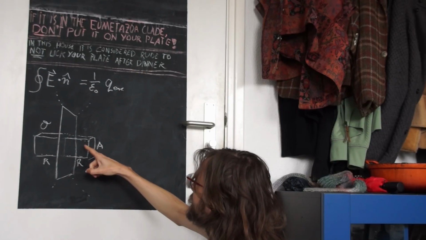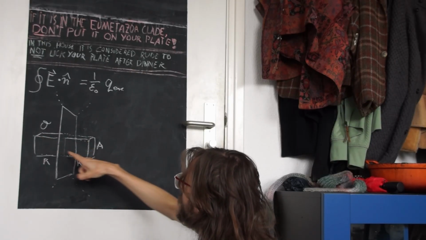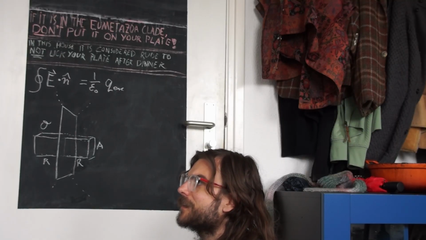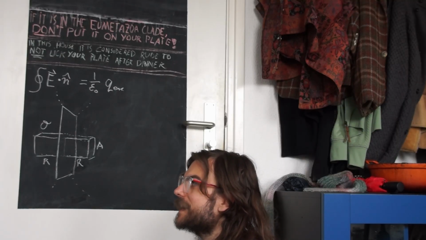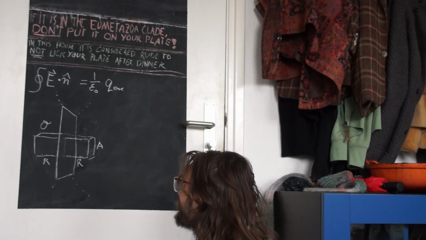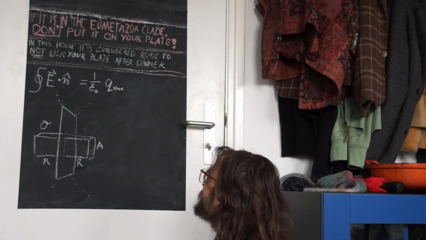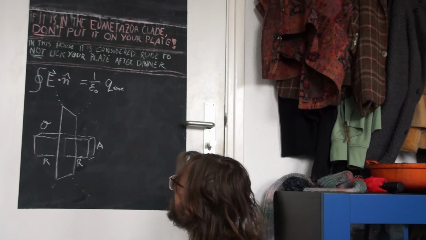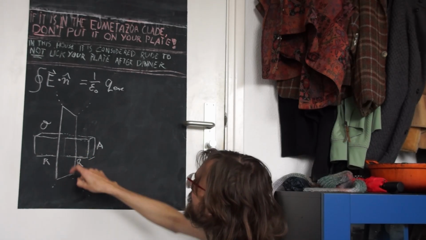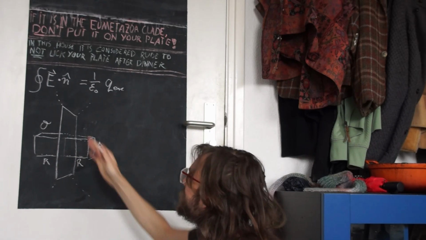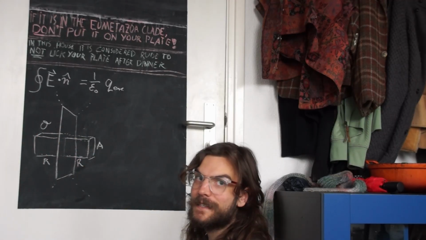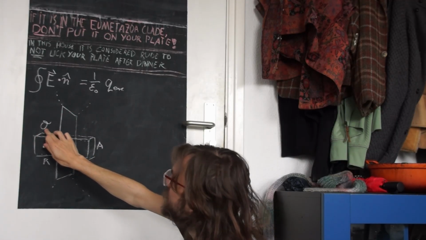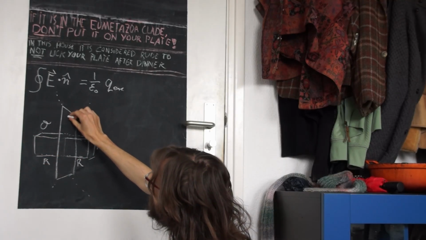So remember that this figure here, this rectangular beam, is kind of our ethereal integration shape, right? And this plate here is our surface charge. So this has some kind of charge on it.